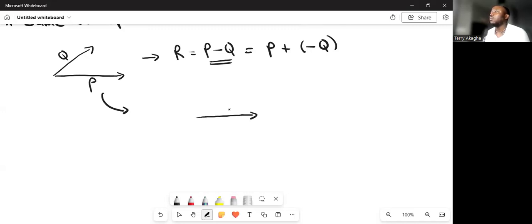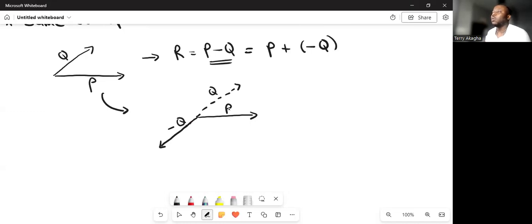So now we can say this is the P. Normally the Q was in this direction, but now we need the negative Q, so it's going to be in this direction. Are you seeing it?